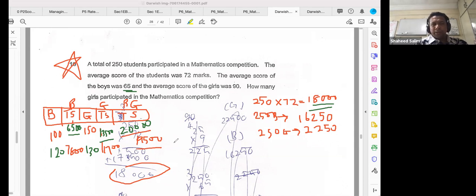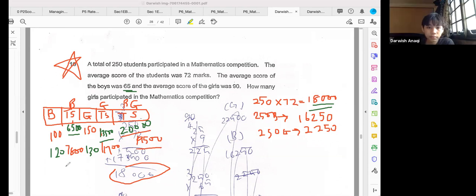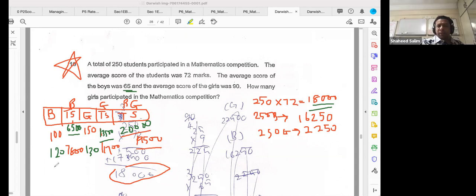Still too much. Can you try to increase? But notice, you increase by 20 boys, it dropped by 500. You need to drop by how many more hundred? 3. So it's 3 times 500, so 3 times 20, so we try 60. We have plus 60 means 180 boys, and then 70 girls.